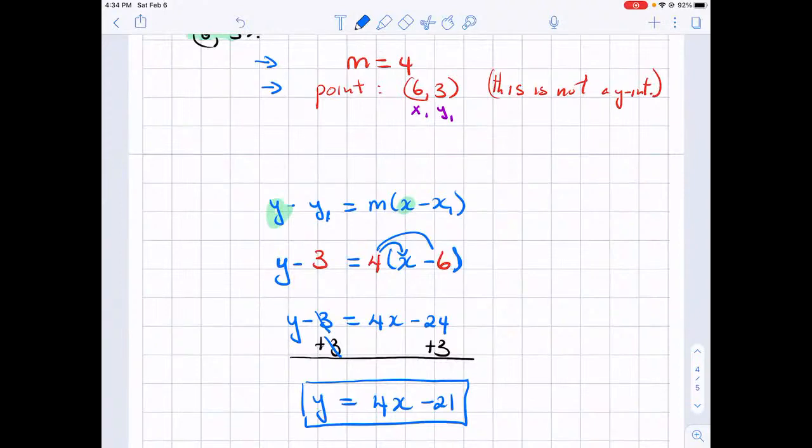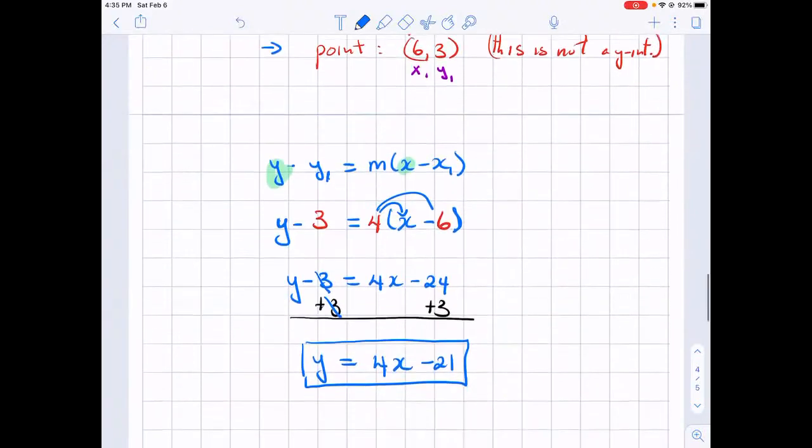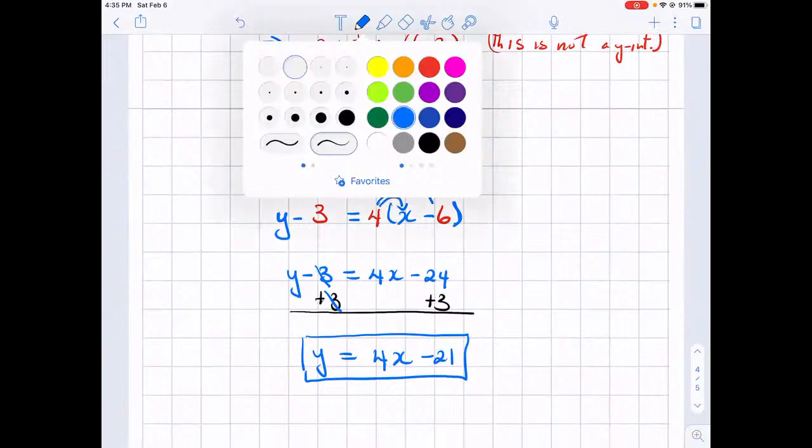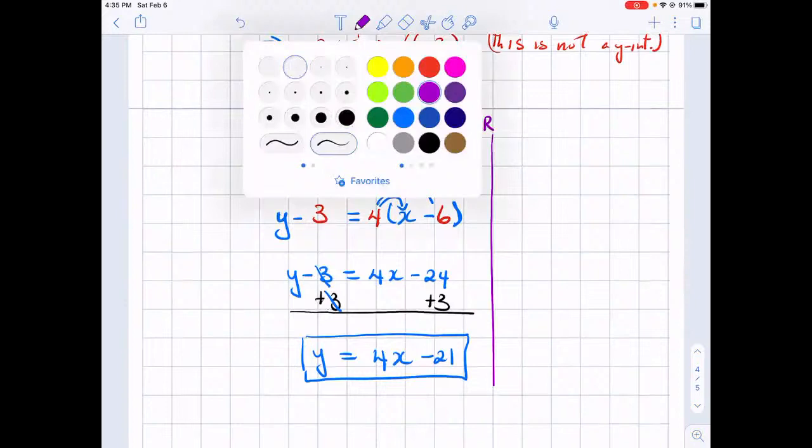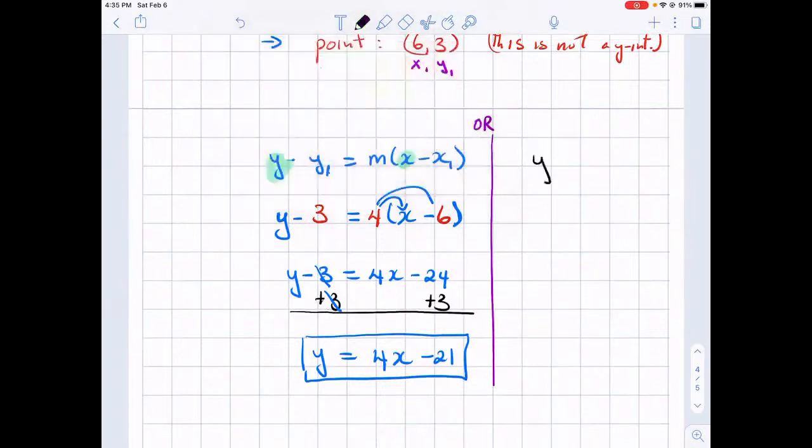Now, alternatively, we could have also used the slope-intercept, or we could have used y equal mx plus b. So you will have to decide which one of these you want to use.